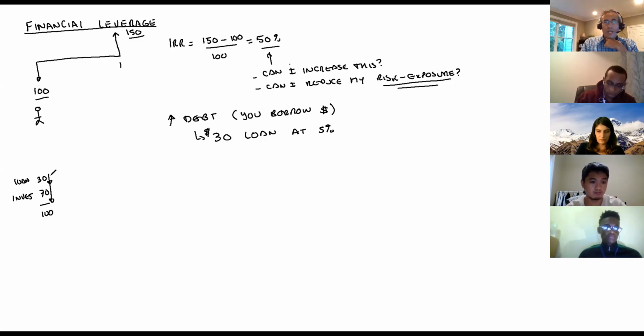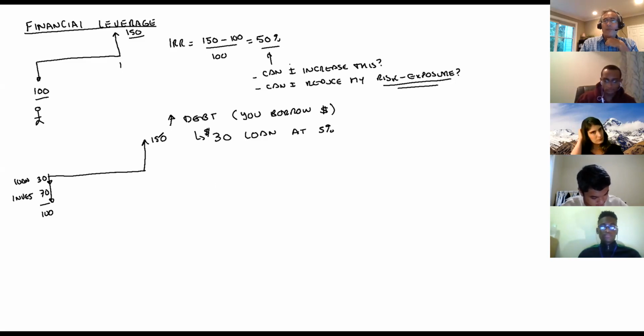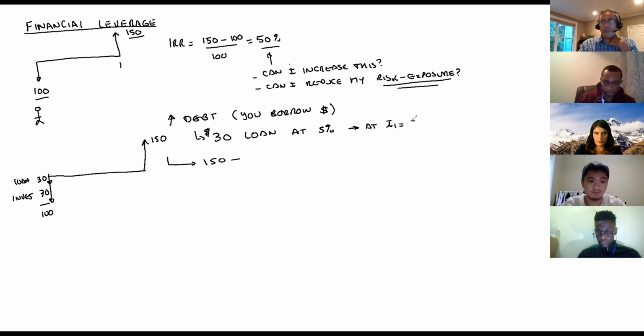However, guys, take a look at what happens in the future. In the future, assume that I get my 150. Make sense? Now, from this 150, how much do I need to pay to the bank? I need to pay 30 times, so this implies a T1, 30 times 1.05, correct?